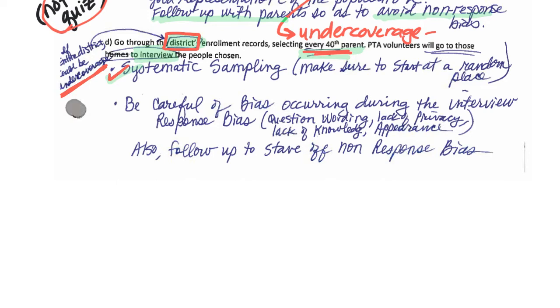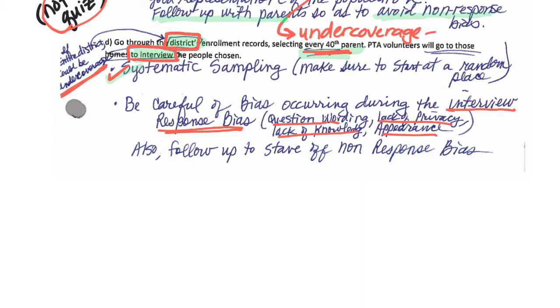Now, because they specifically mention interviewing the people chosen, ding, ding, ding, they're taking the time to talk about interviewing, and we know that you have to be careful with interviews because of response bias due to the question wording, lack of privacy, ignorance, and appearance.